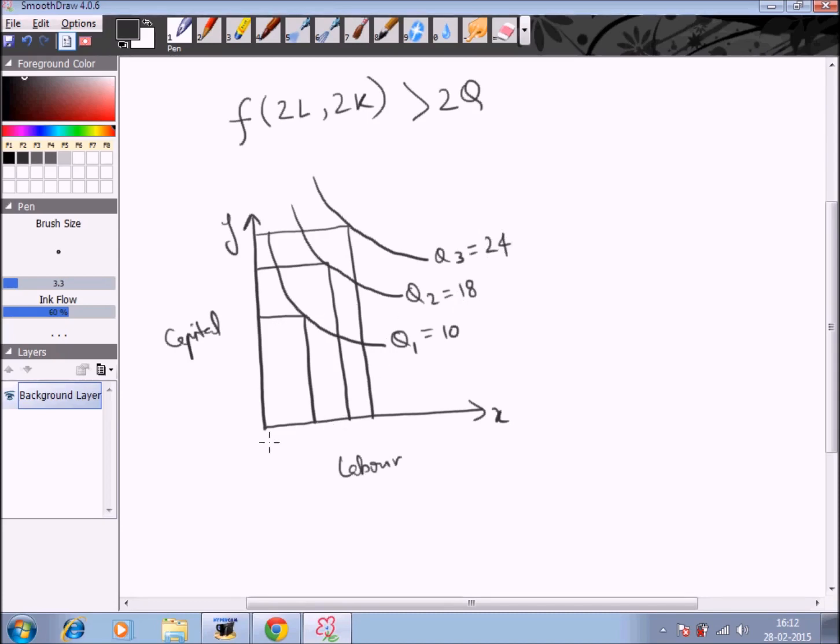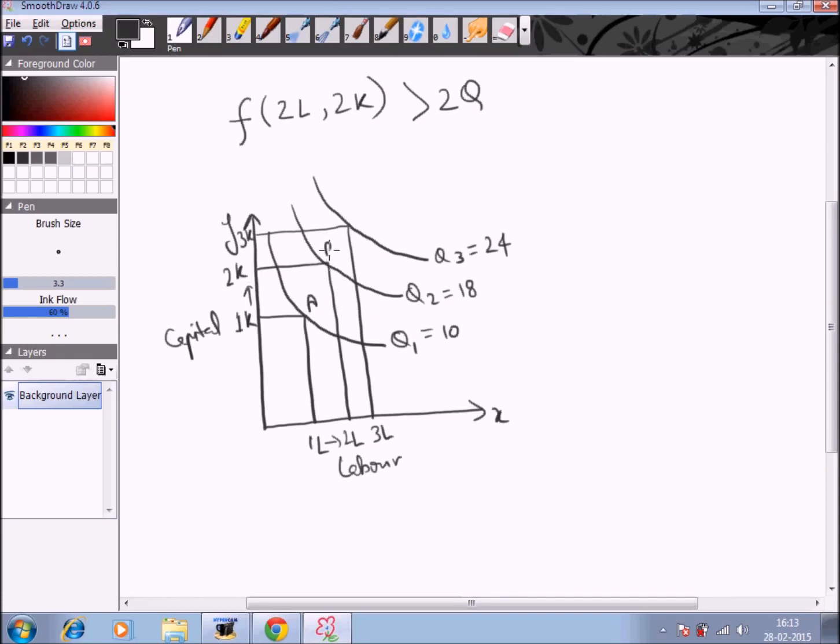So we can see here that as we are increasing the use of labor from 1L to 2L, that is, we are doubling the use of labor, and simultaneously we are also doubling the use of capital from 1K to 2K, but our output is not doubled, it is less than doubled.